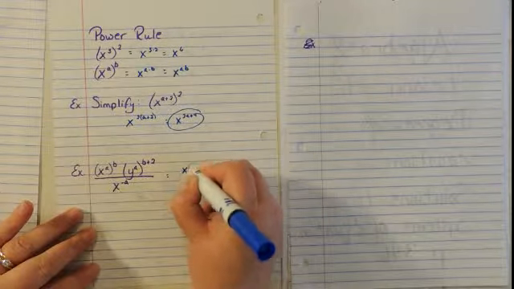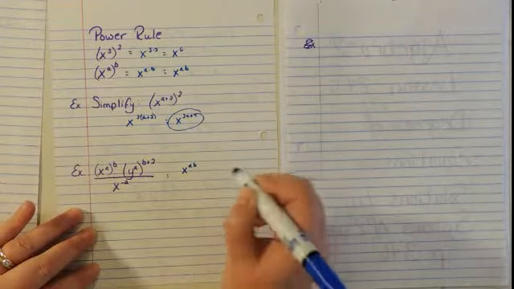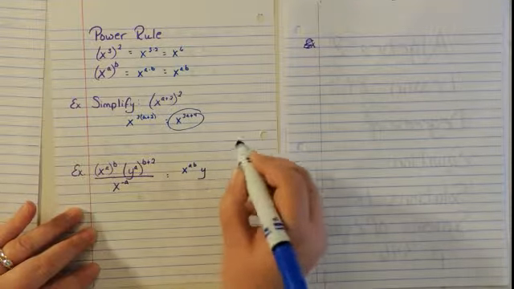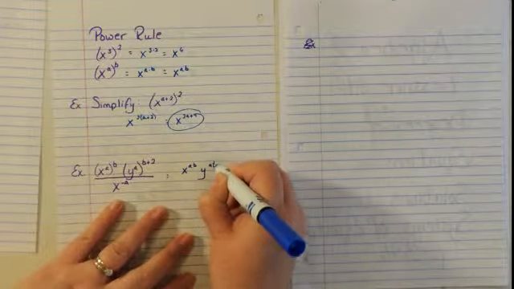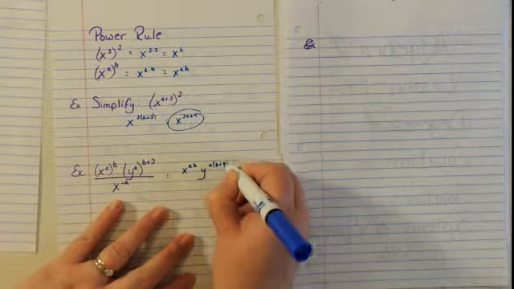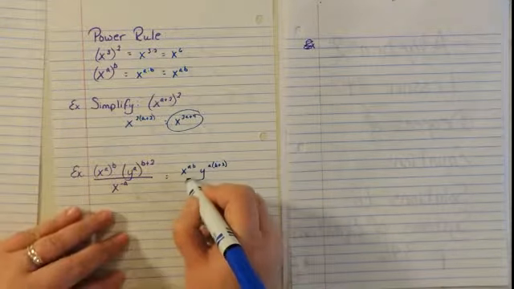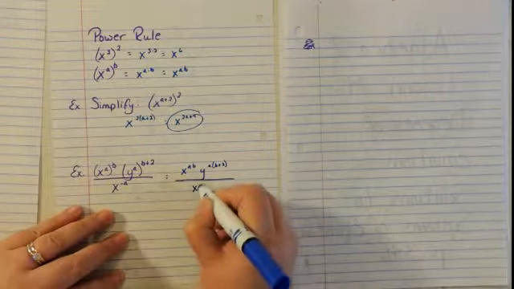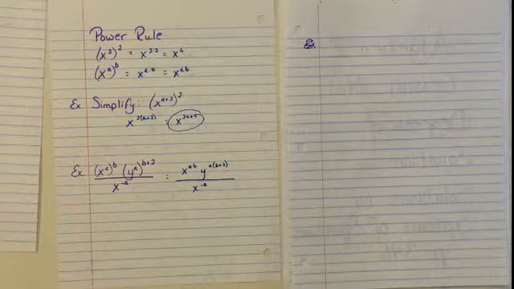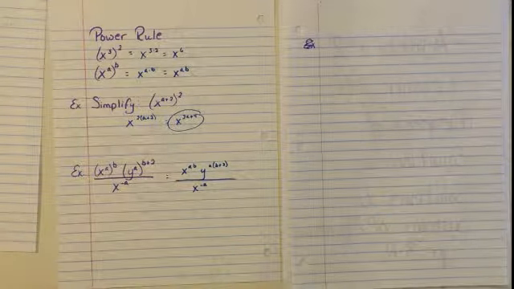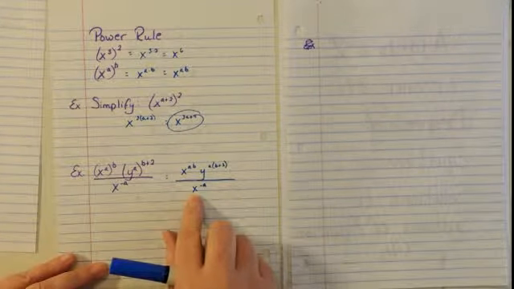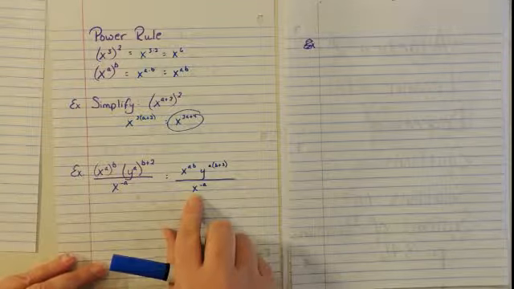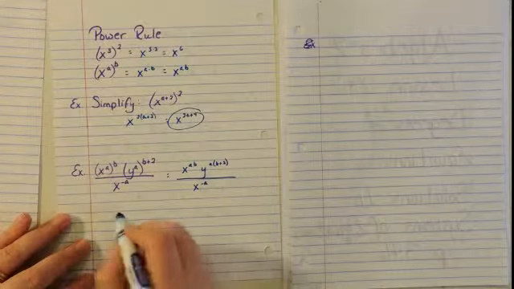We'll have x to the ab, y to the a times b plus 2, all over x to the negative a. Okay, x to the negative a is the same as 1 over x to the a. So we can move that up to the top.